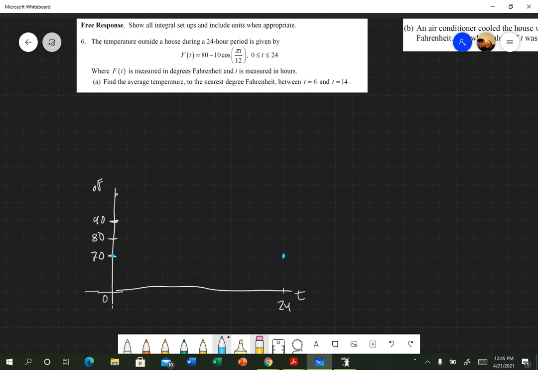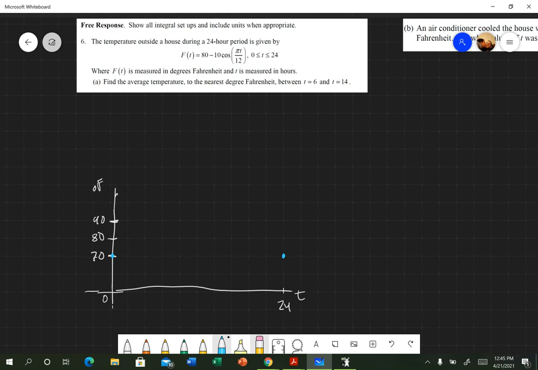Cosine of pi is going to be -1. So that's -1 times 10, which is -10. 80 minus a -10 becomes 80 plus 10, which puts this value at 90. So the question is, what value can I put in for t between 0 and 24 that's going to eliminate that denominator?